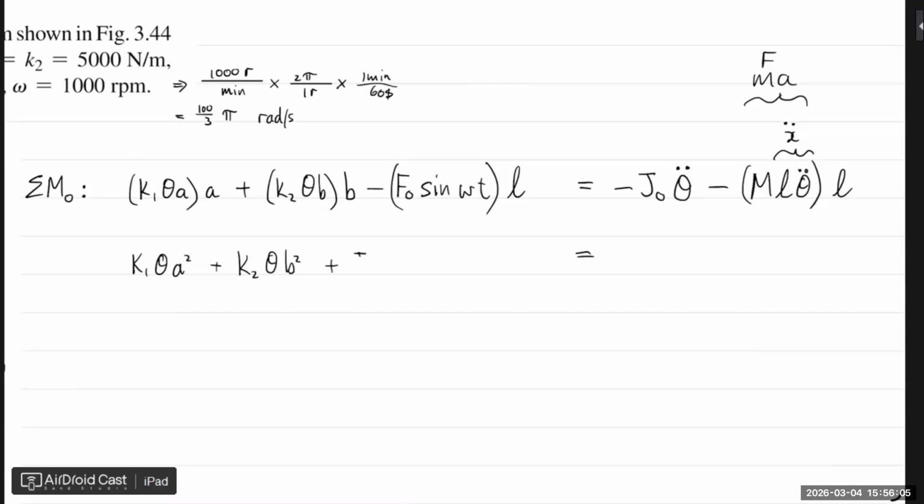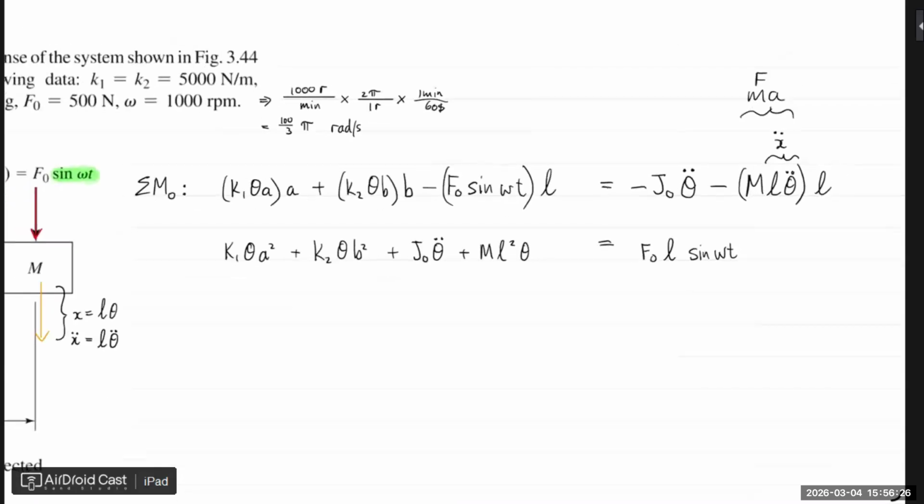I'm bringing everything to this side, J0 theta double dot plus ML squared theta double dot. That will be equal to F0 L sin omega t.